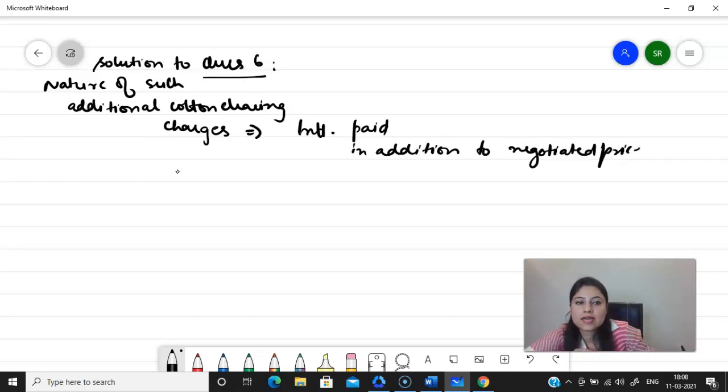So the cost that has been agreed upon on which the cotton has been purchased from that particular supplier, in addition to that cost, such interest has also been paid to that particular supplier because there was a delay from the end of the business owner in picking up such cotton from the supplier's godown.